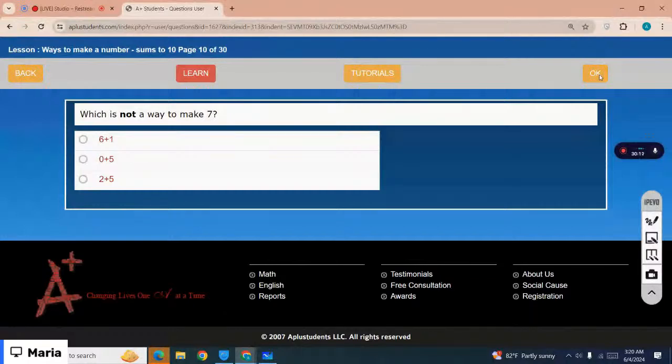Not a way to make 7, right? So that is option number 2. 5 plus 0 is the one that doesn't make 7, right? The correct option is 5 plus 0.